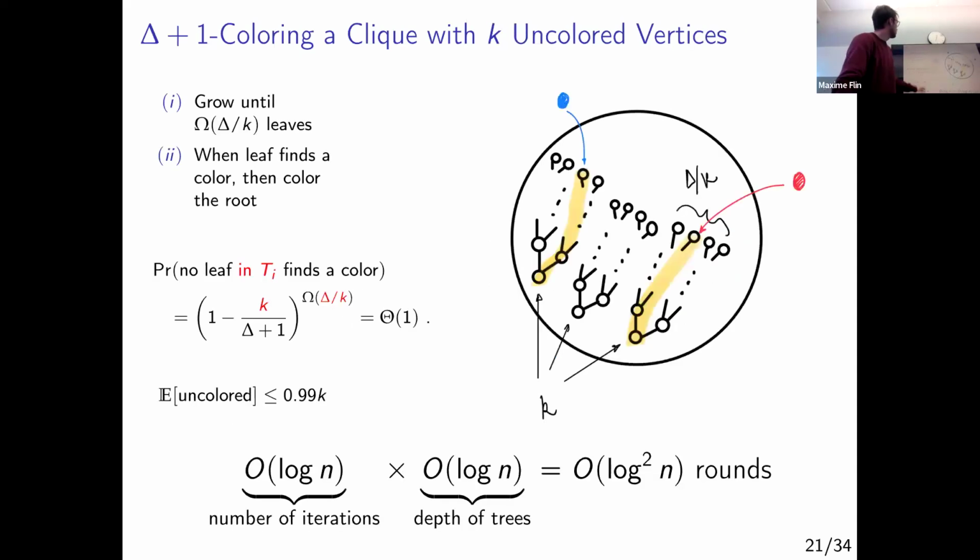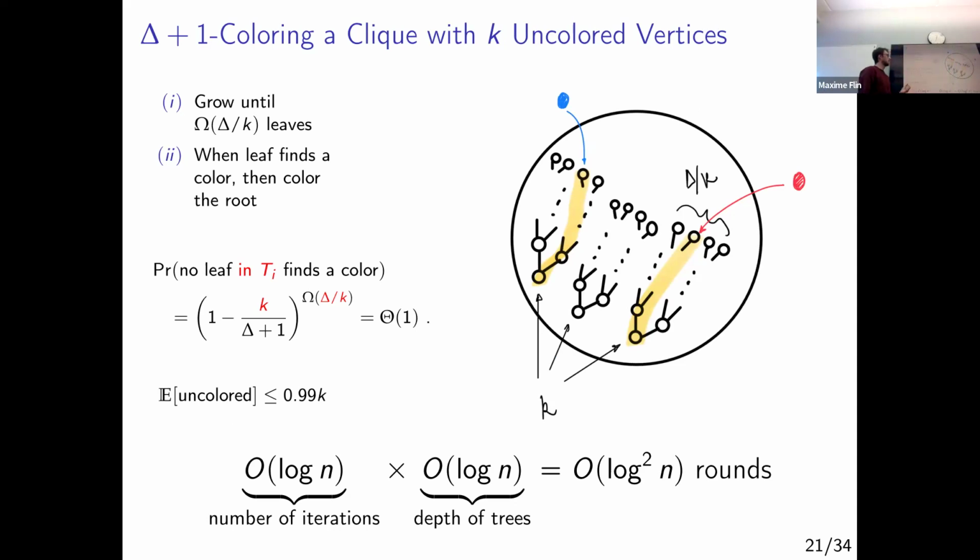Right, and so you can do this when there are also colored vertices in the graph. If there is more than one uncolored vertex, what happens is that you grow a bunch of trees in parallel instead of just one, and you need to make sure that the trees are not colliding with each other. You don't try to recolor leaves from different trees using the same color, this type of thing. You need to be careful.